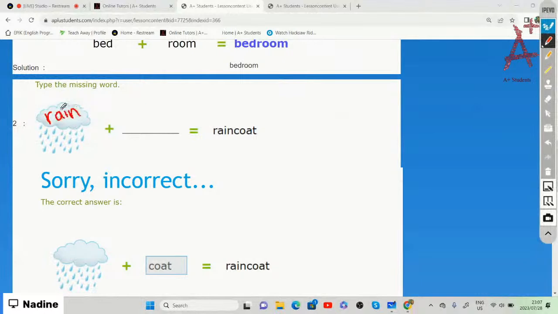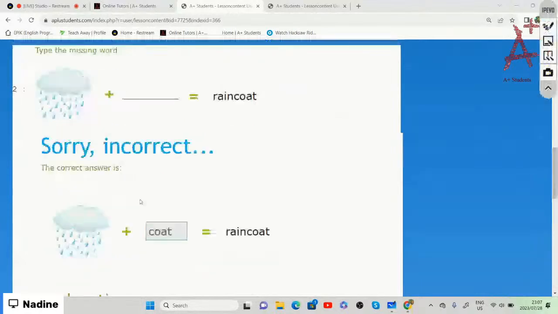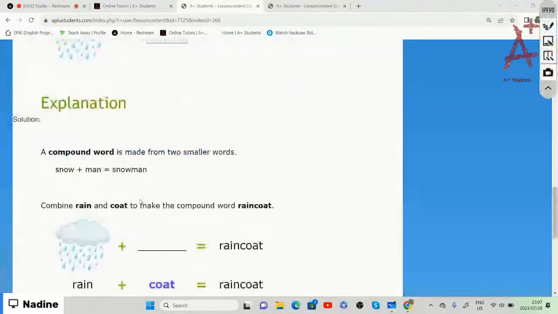So rain plus coat equals raincoat. The picture shows it's raining, and the word that we had to add is coat, and that created the word raincoat. So it's basically combining the two words to create a compound word.